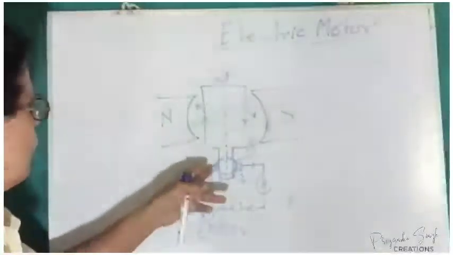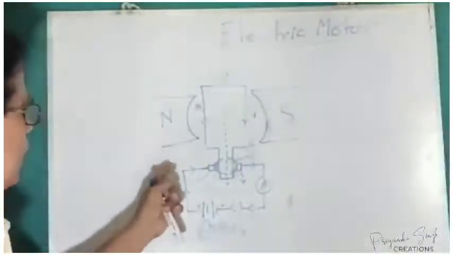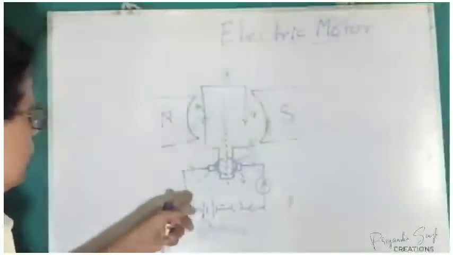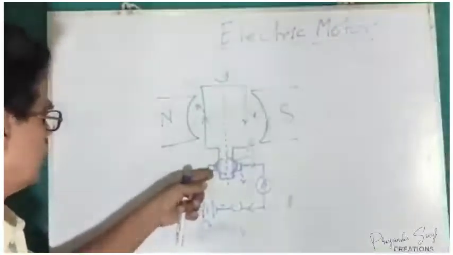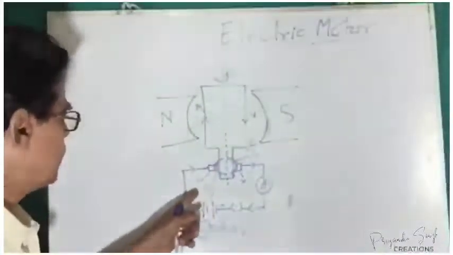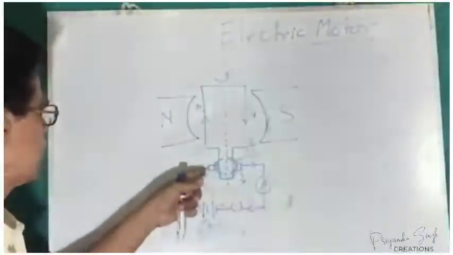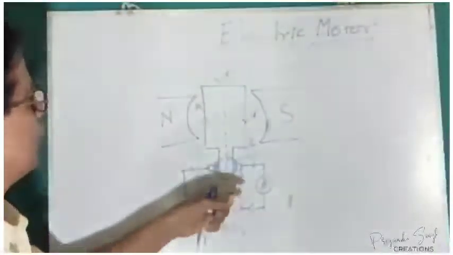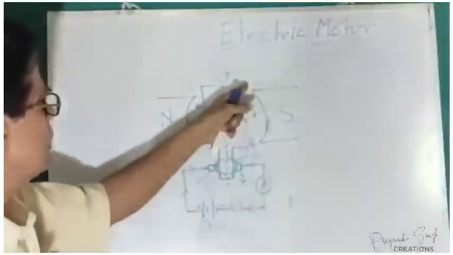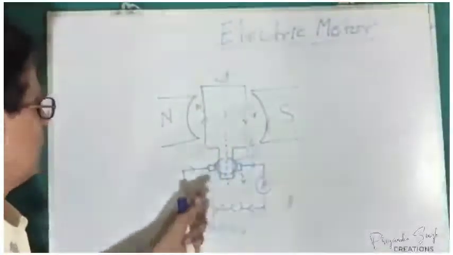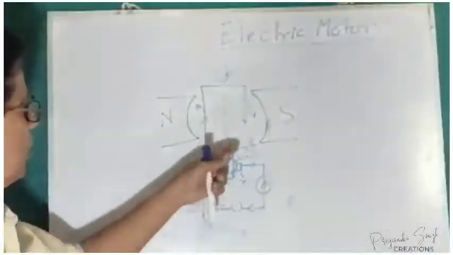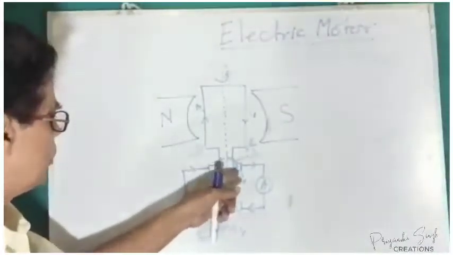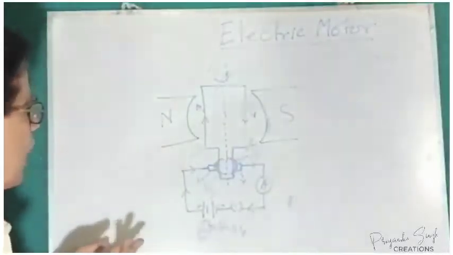Now the current in the outer circuit is in the same direction, meaning current now enters split ring Q with the help of the same carbon brush X and passes from D to C, and in the second arm it passes from B to A. The current passes from split ring P to carbon brush Y in the external circuit.